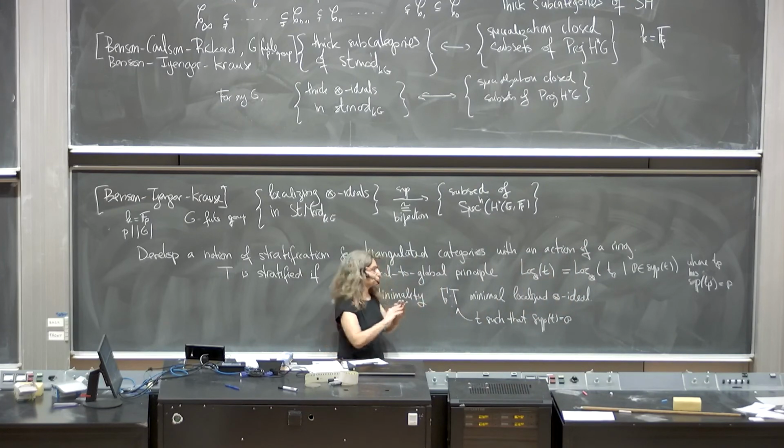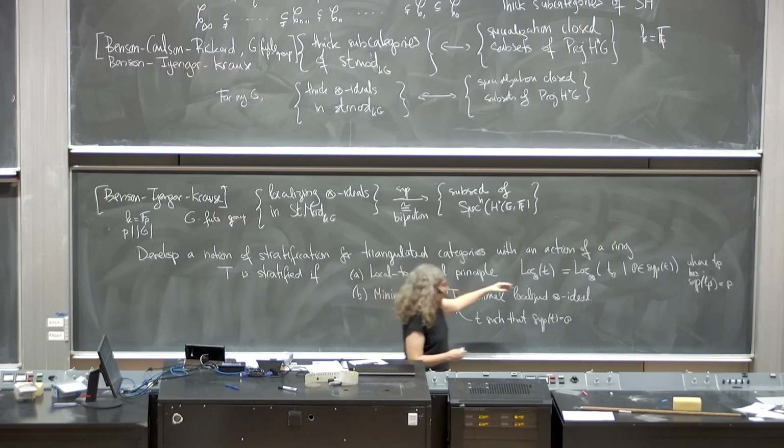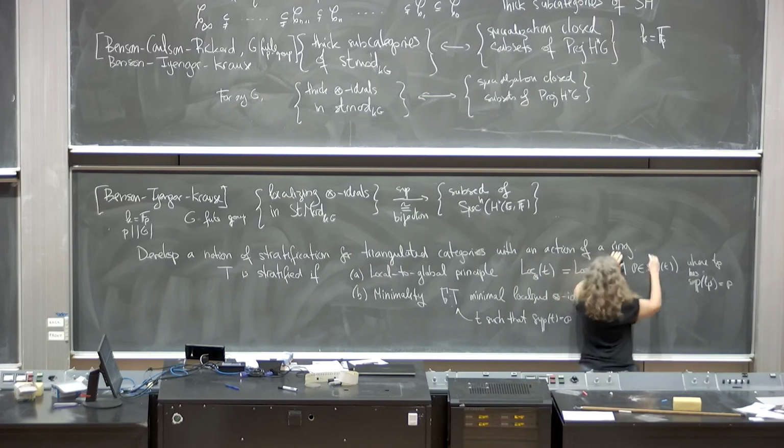You don't have to go through all the technicalities of showing that this is an injection and this is a surjection. You check these two principles, and this guarantees that this is going to be a bijection, that you will be able to classify your localizing tensor ideals using subsets. In this case, it will be the spectrum of this ring.